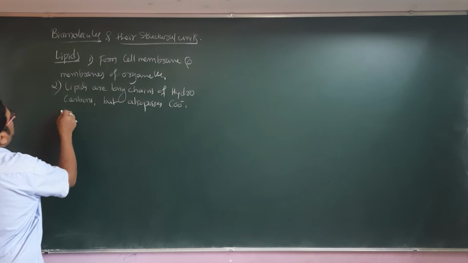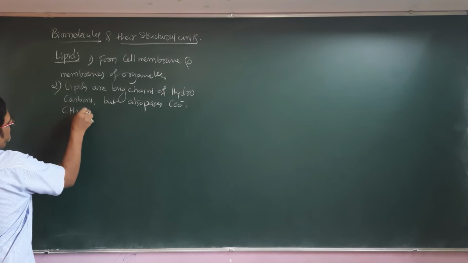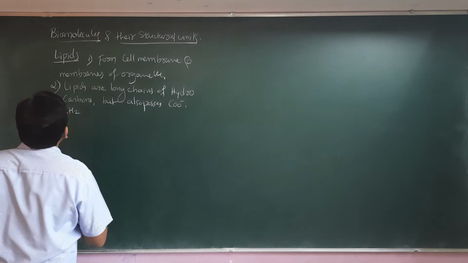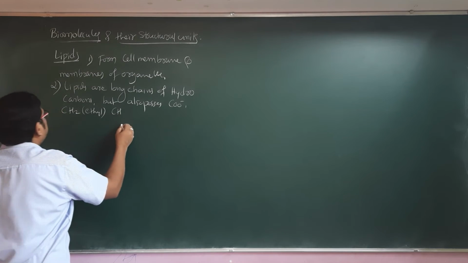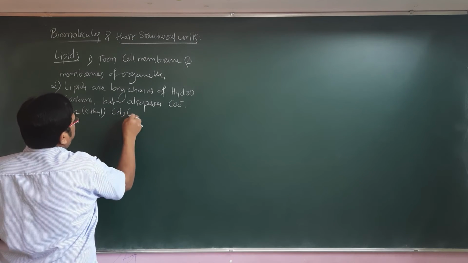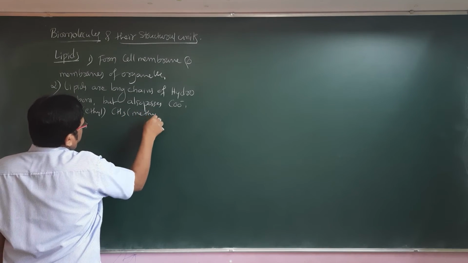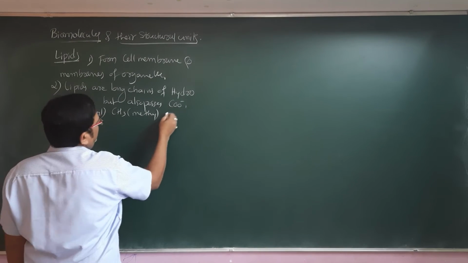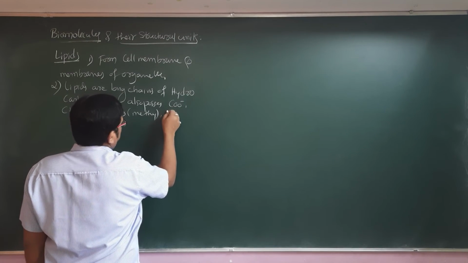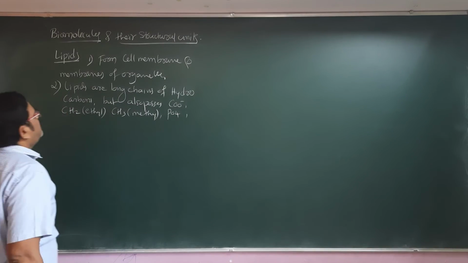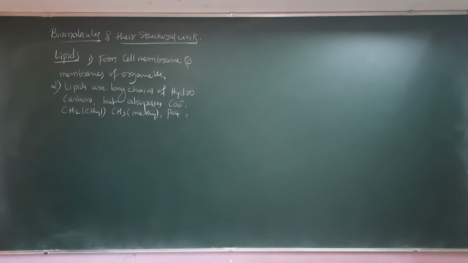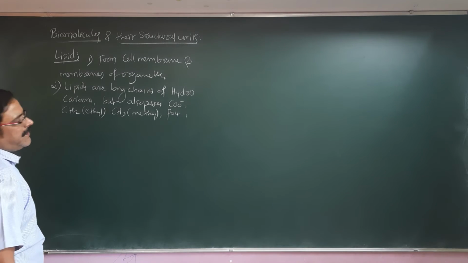Then they may also have the CH2, mainly the ethyl group. Yes, they may have the methyl group also. They may even have the phosphate group also. So lipids are long chains but also possess these different kinds of compounds.